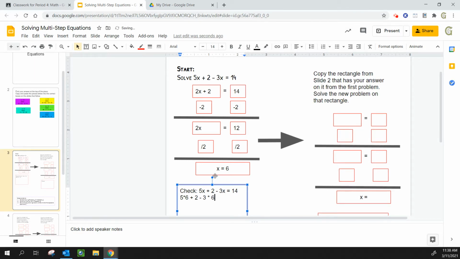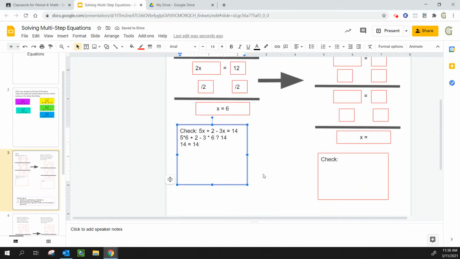Because that's what x is. And I want it to be 14. So in my calculator, I'm pressing 5 times 6 plus 2 minus 3 times 6. And I get 14. And it was supposed to be 14. So I did it right. Woohoo!